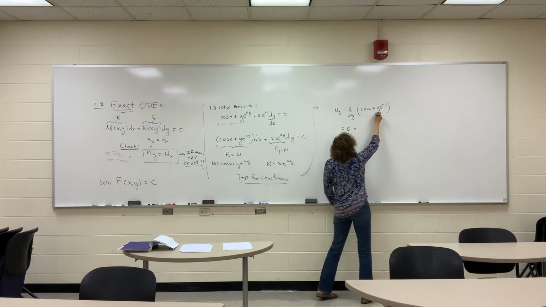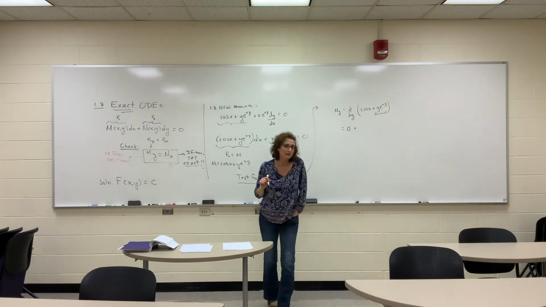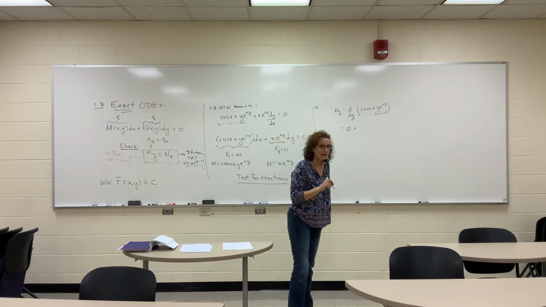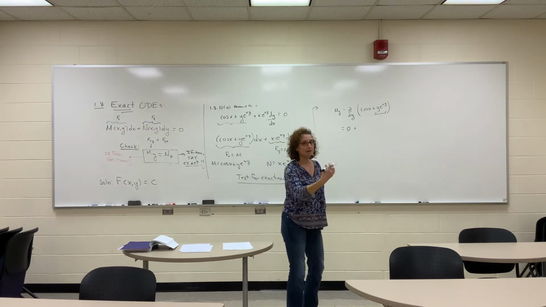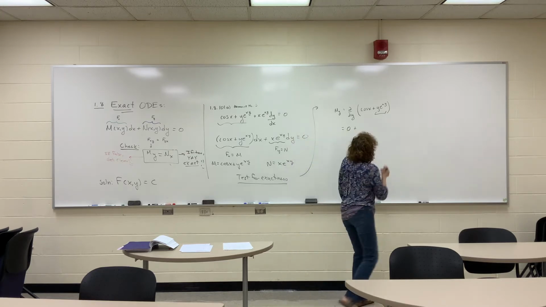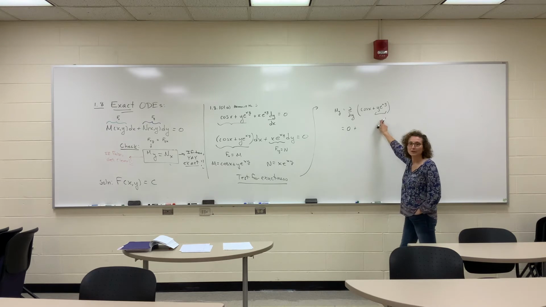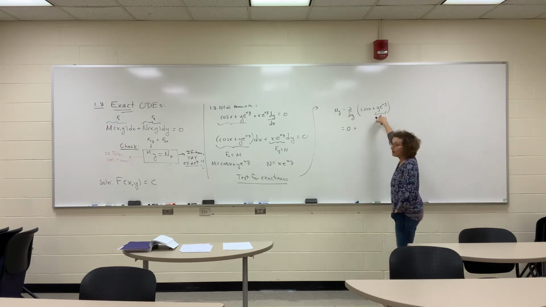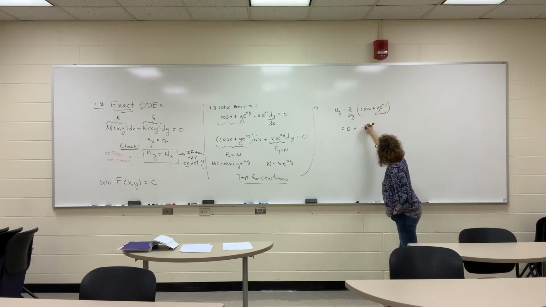Plus, what about that guy? Partial derivative with respect to y of y times e to the xy. Y times e to the xy means I'm going to have to use what rule? Good. Product rule and chain rule. Lots of fun, right? So let's go with product rule. Partial derivative with respect to y of this product, they both depend on y and we're taking the derivative with respect to y.